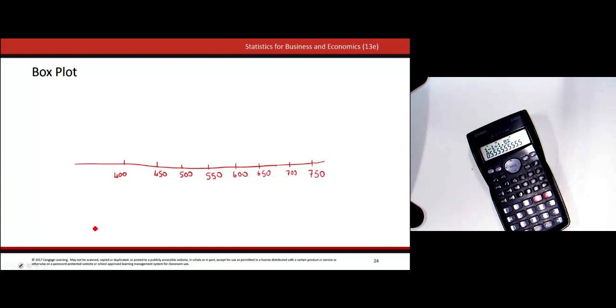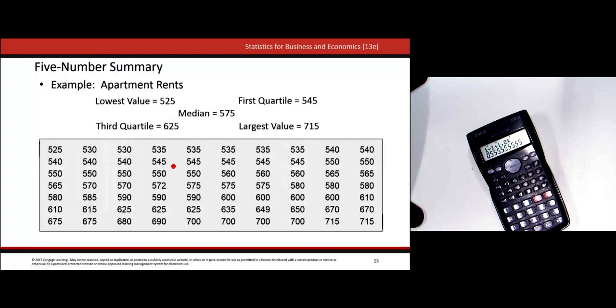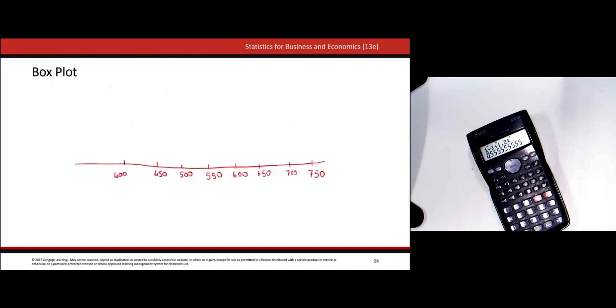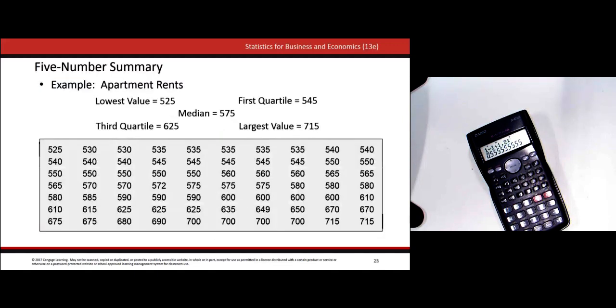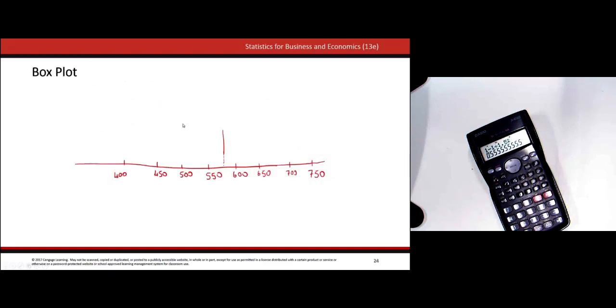Then we locate the median, 575. Draw a vertical line. First quartile 545.